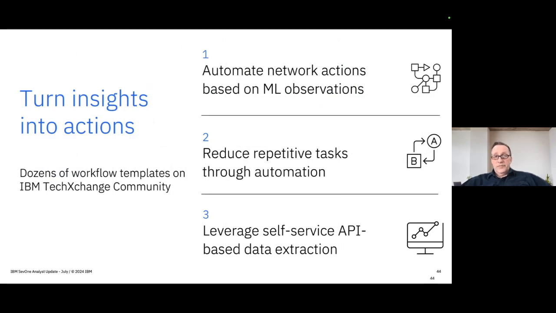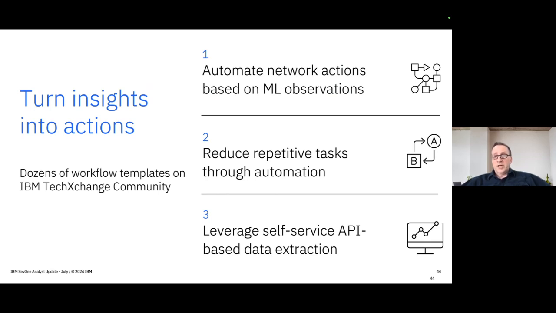So we have Rapid Infrastructure Automation. I mentioned it earlier. It's our no-code, low-code solution, so we're able to turn insights into action with this. As we're collecting all the data, there might be things we want to do based upon machine learning observations, to automate or remediate issues.